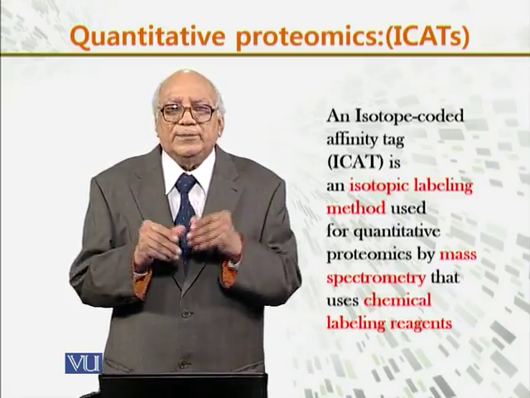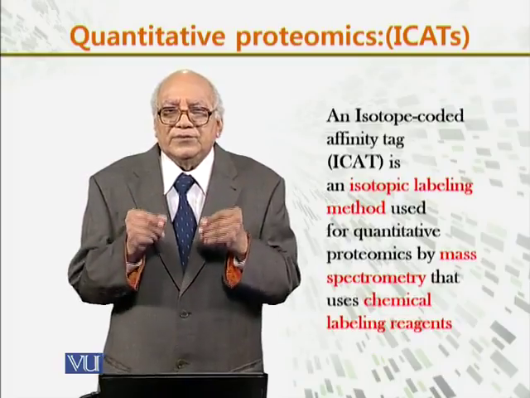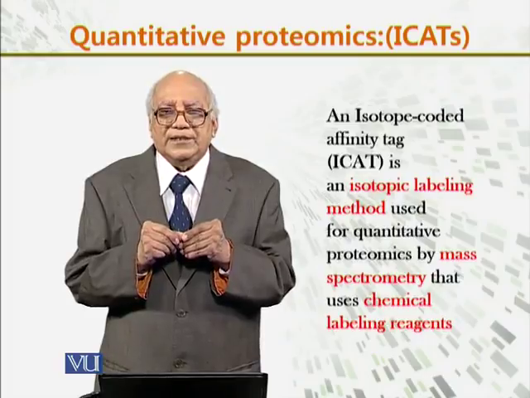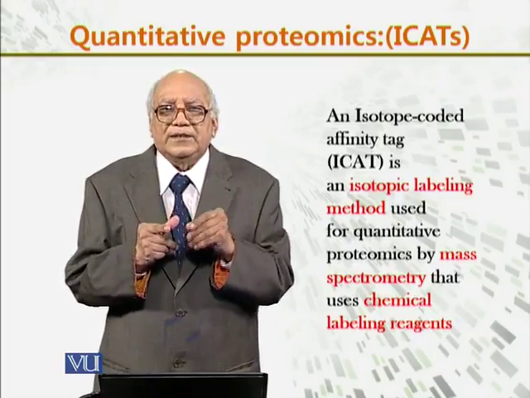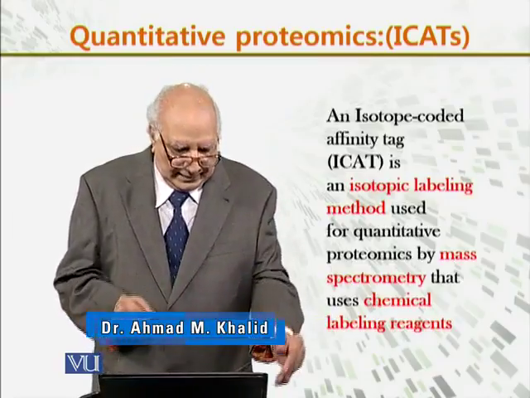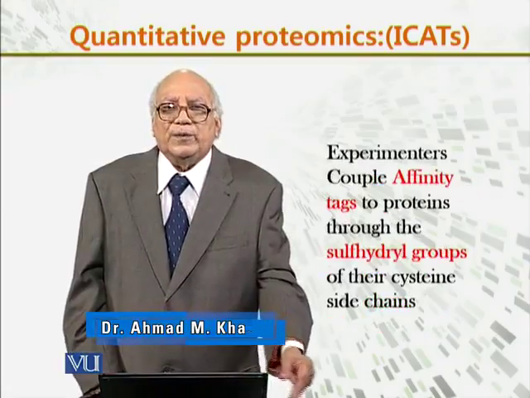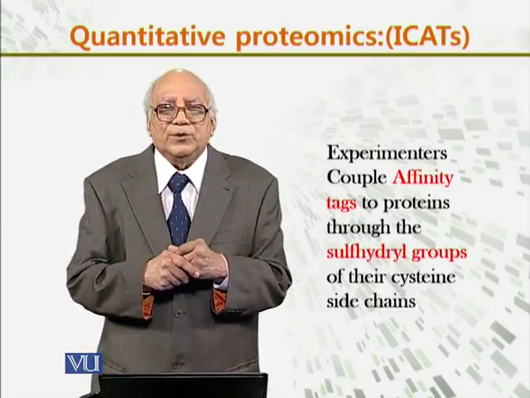You see, in this method, the tags are chemical reagents and they tag the different peptides, different protein molecules, and help us to quantify those molecules. Now, what do experimenters do?